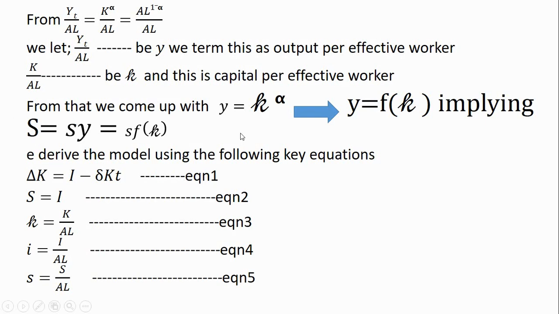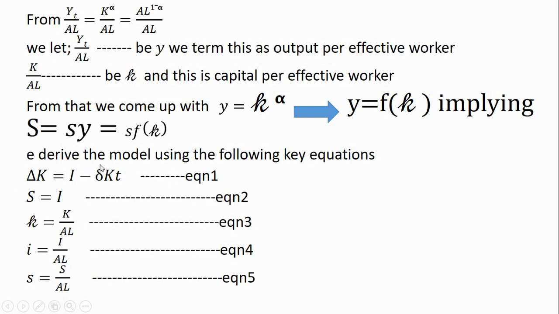Now, we derive the Solow's growth model using some key equations. The first equation is the capital accumulation equation. How is capital accumulated? Our change in capital is equal to our net investment minus the depreciation of capital.